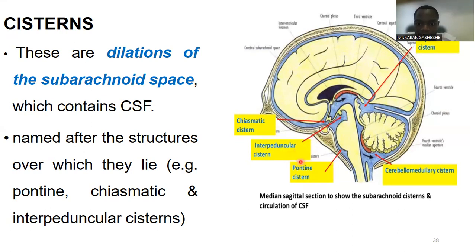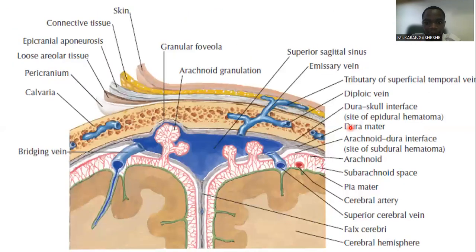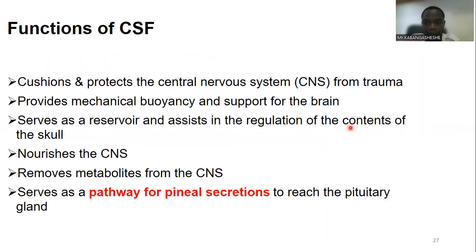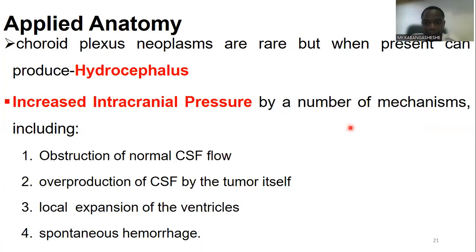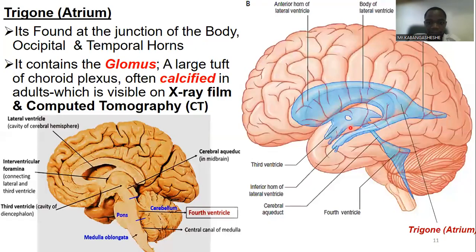Then we have the interpeduncular cistern. So here we have peduncles, cerebral peduncles. These are more like large columns of white matter. Let me take you back a bit to the diagram. Yeah, here.